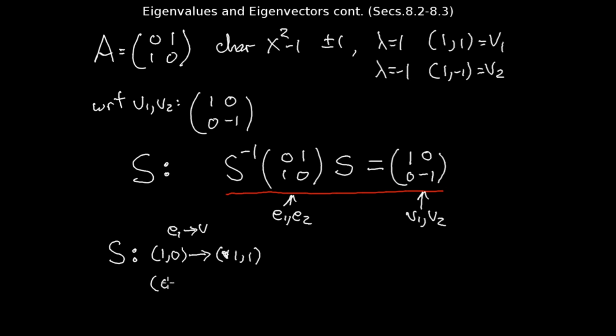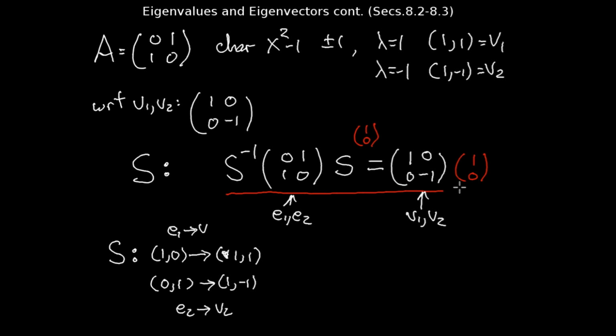And it's supposed to take e2 to v2. And why is that? Well, if you apply both sides of this operation to the vector (1, 0), what do you get?